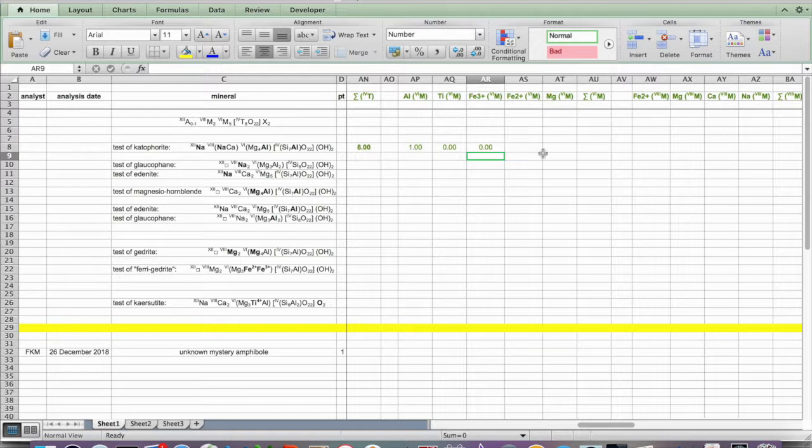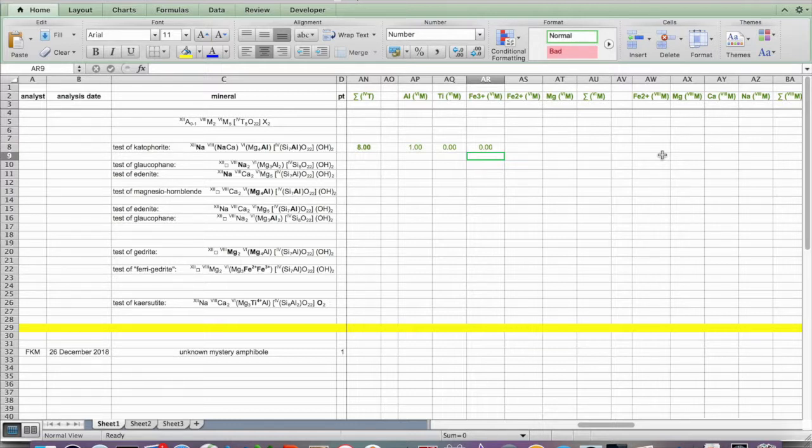And what I'm going to do here is make the assumption that we are going to put iron into the 6-coordinated site before we put magnesium into the 6-coordinated site. So I'm going to try to put all of the iron in here first, and then whatever space we have left over, I'll put magnesium in, and then essentially move leftovers into the 8-coordinated site.